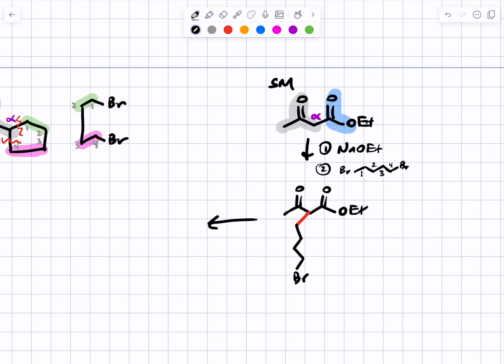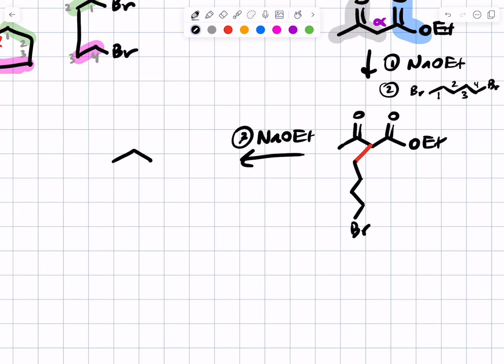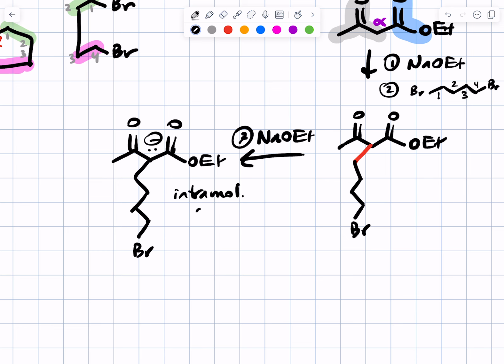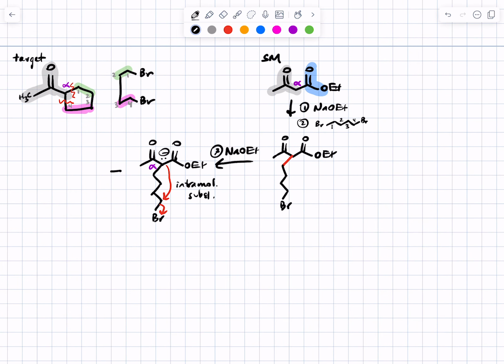Then you will use the second equivalent of sodium ethoxide. That will deprotonate the alpha proton that's especially acidic. And then you can hope for an intramolecular substitution reaction in which that purple alpha carbon attacks the antibonding orbital there and makes the bromo leave.